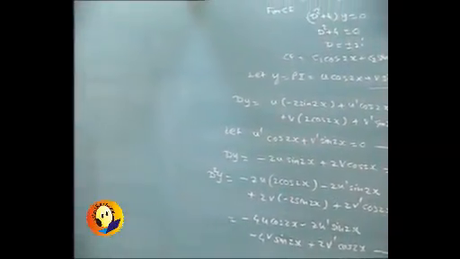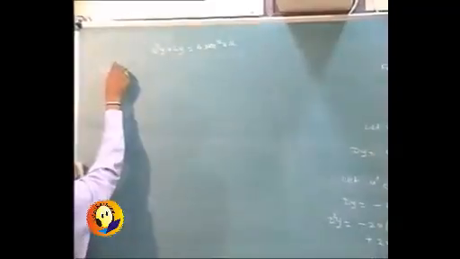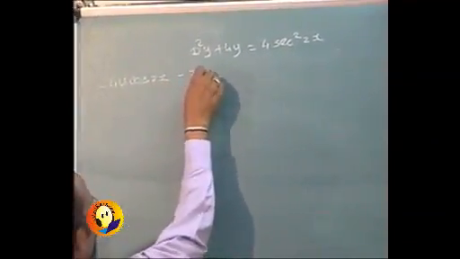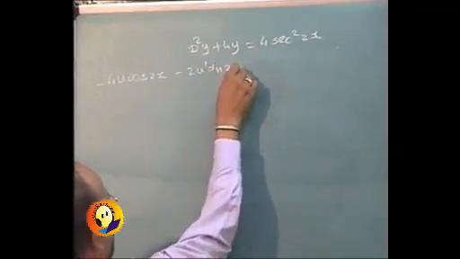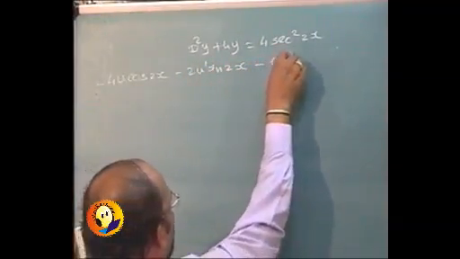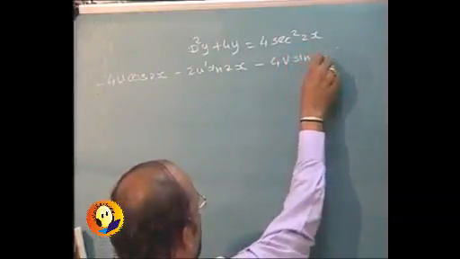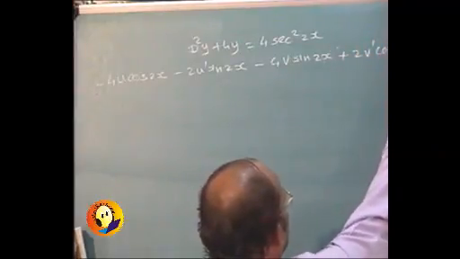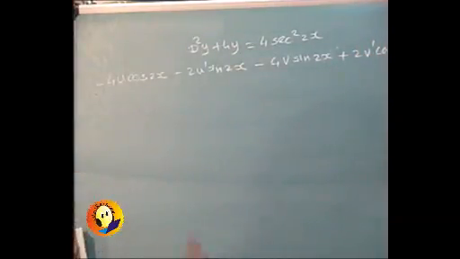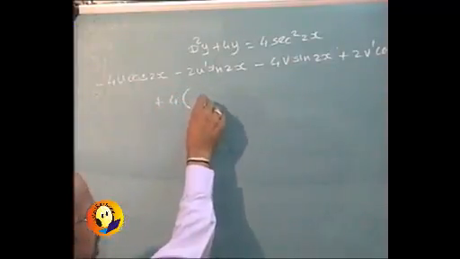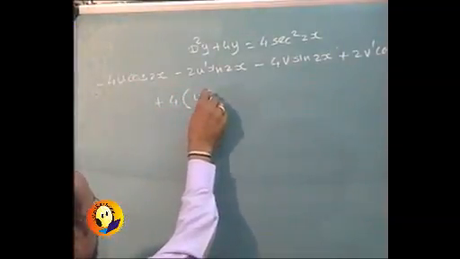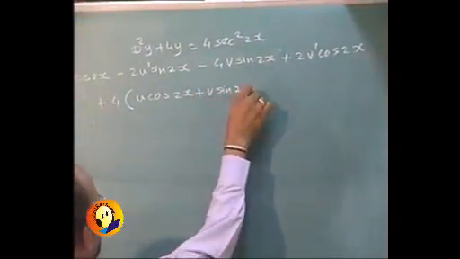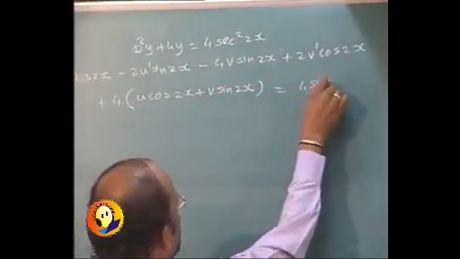So d square y, when we substitute, it is minus 4u cos 2x minus 2u dash sin 2x minus 4v sin 2x plus 2v dash cos 2x, that was the value of d square y, plus 4 into bracket, through assumption 1 y should be substituted, which is u cos 2x plus v sin 2x, equal to 4 sec square 2x.